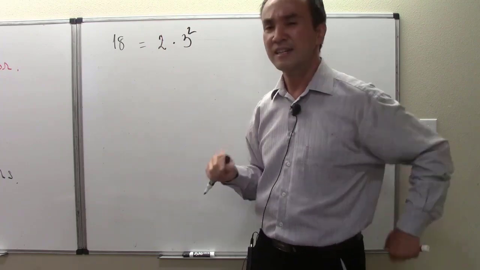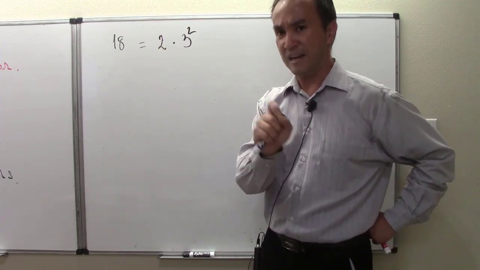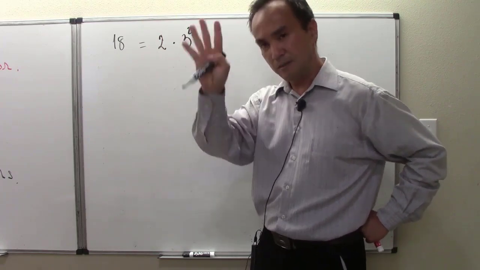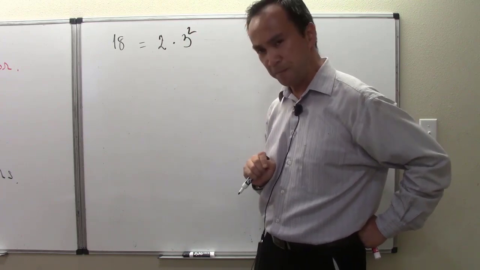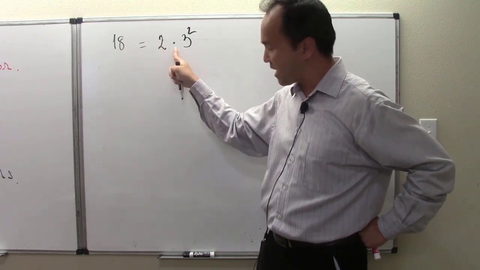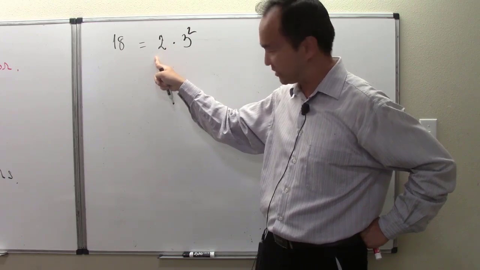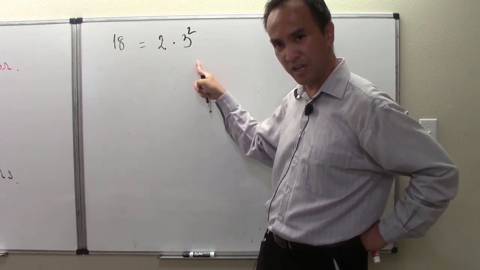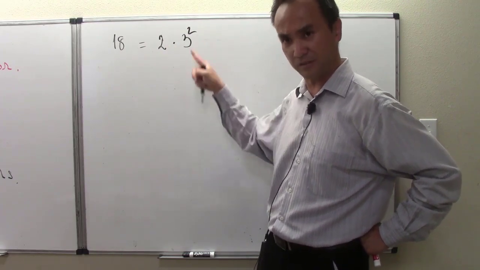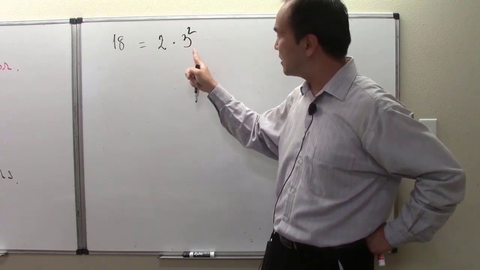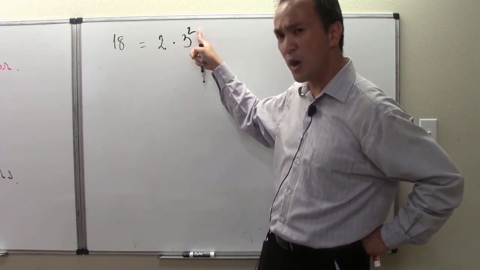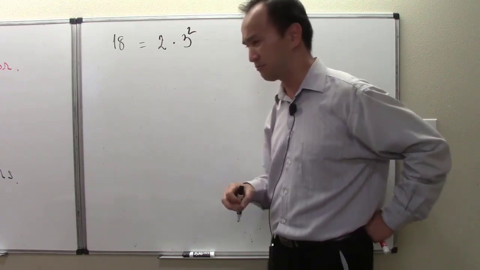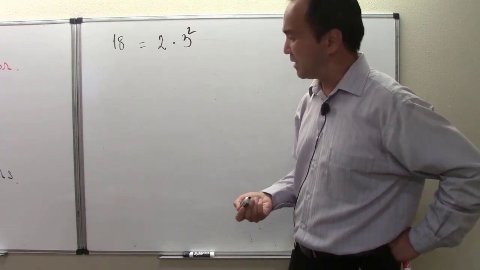That's why being able to find the prime factors is one skill that you should have learned prior to entering this course. So 18 is a product of 2 as a prime factor and 3 as a prime factor, but for 3 there are 2 repeated factors, 3. That's why it's a square here. So that's just a little bit of a repeat of your past understanding.